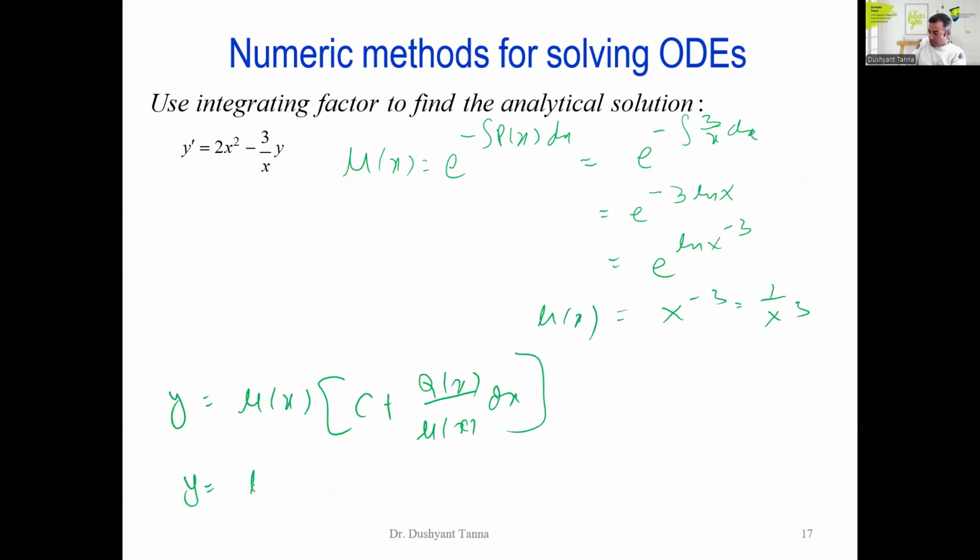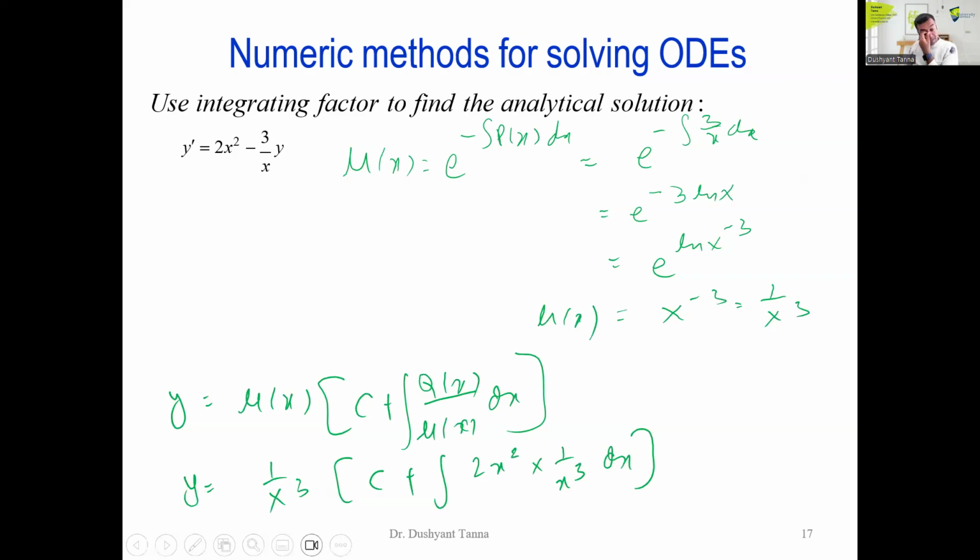So y will be mu of x, which is 1 over x cubed, or x power minus 3 if you wanted to. However you write, it doesn't matter. What was our q? q was 2x squared, so 2x squared times 1 over x cubed dx.